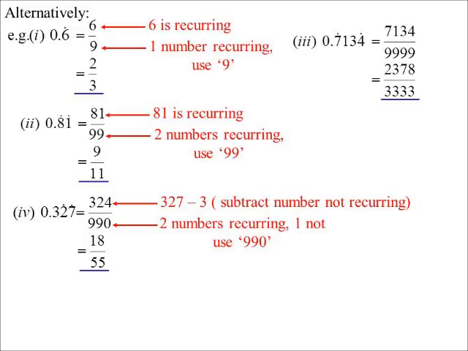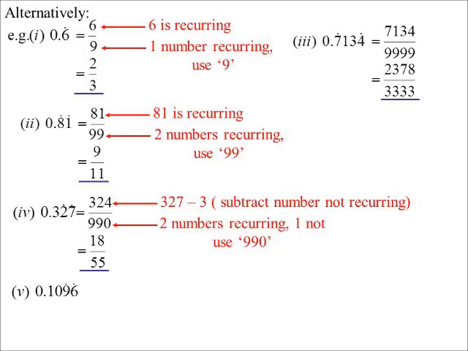Because if I put it at the front of the number, it's not going to have any effect. 099 is 99. So we put it at the end of the number. So 2 numbers repeating, I put down 2 9s. 1 is not, so I put down a single 0. 18 on 55.